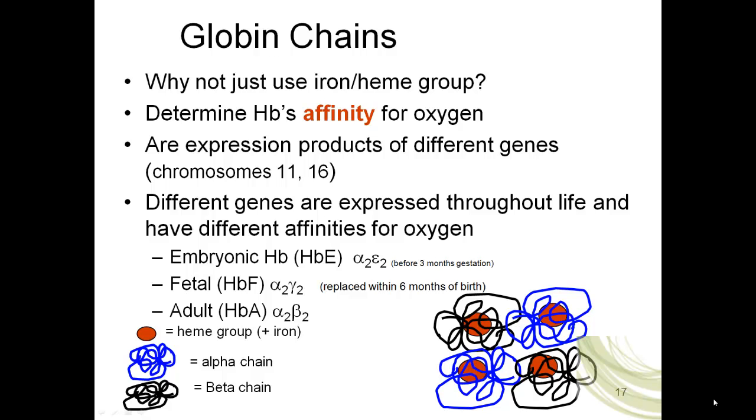Okay, so here is where I'm going to address the globin chains. Again, they are going to dictate the reversibility of iron binding to oxygen. We cannot just use iron alone to transport oxygen. Iron alone would bind in an irreversible manner, and our tissues then would not get their needed oxygen released to them.